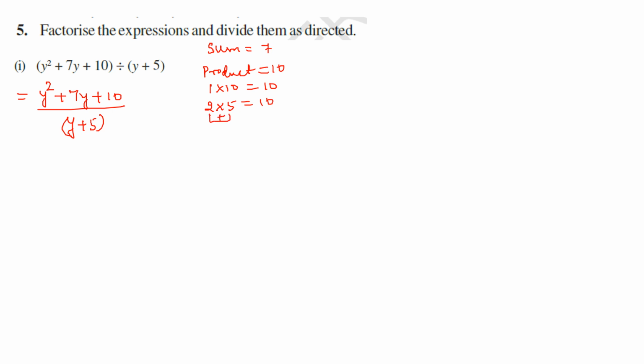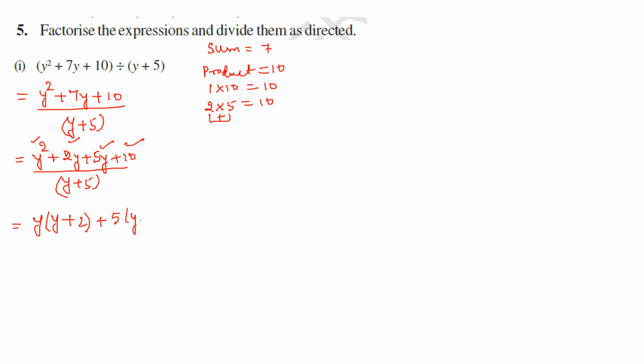So it means 7y, I can write this in terms of 2y plus 5y plus 10 divided by y plus 5. Now if you see the first two terms, I can take y common. So it will be left with y plus 2. In the last two terms, I can take 5 common.